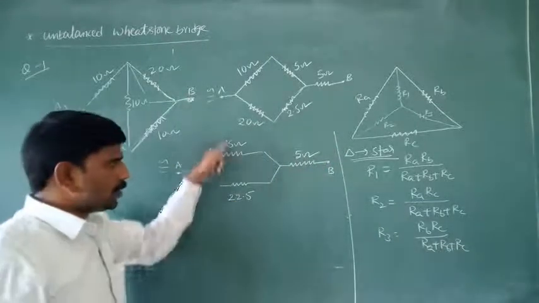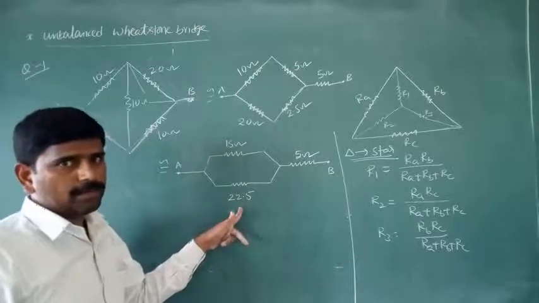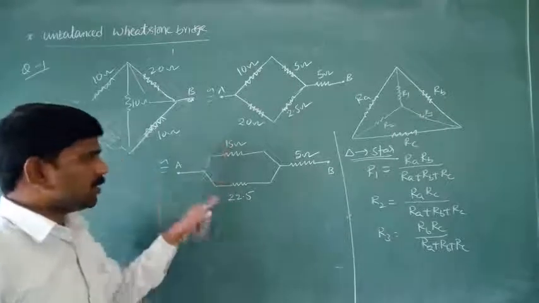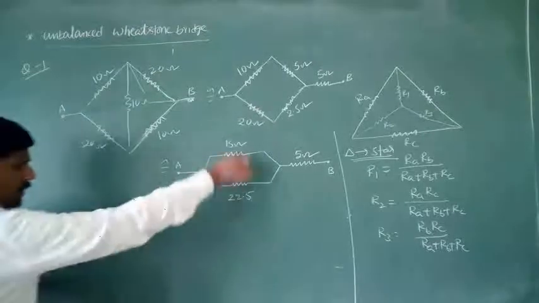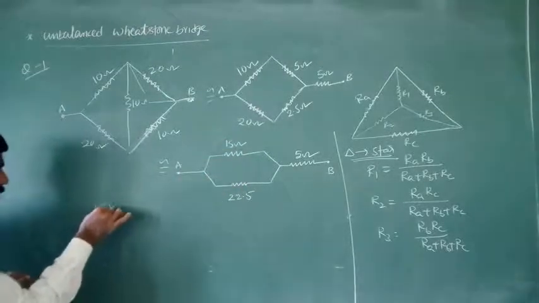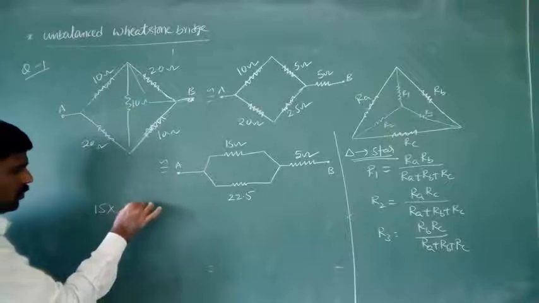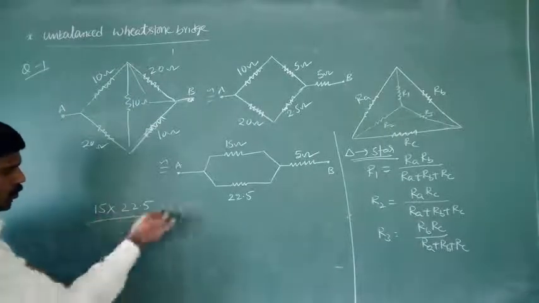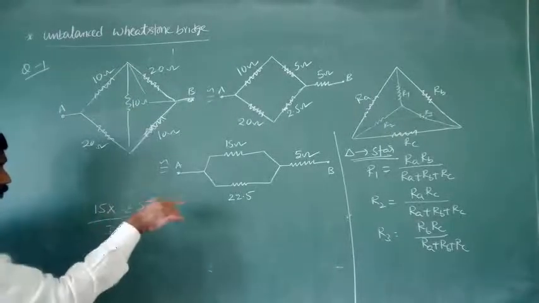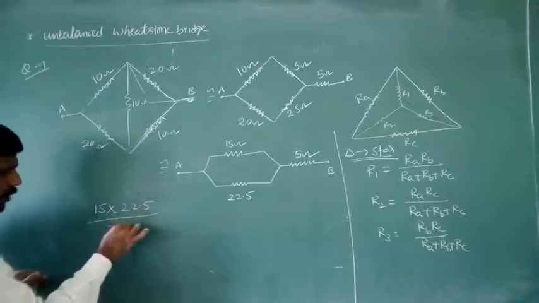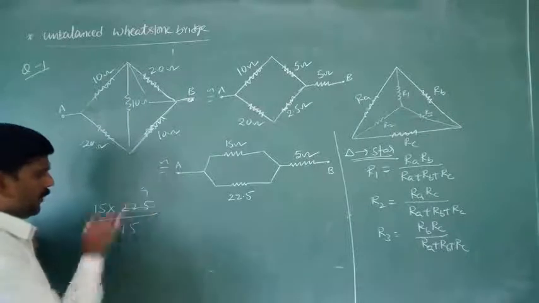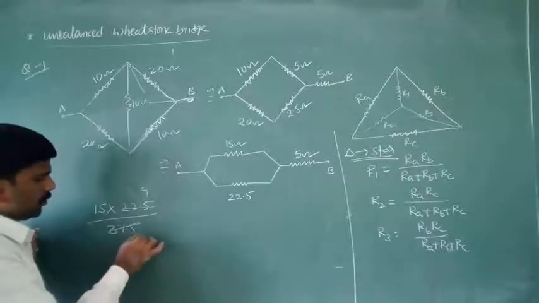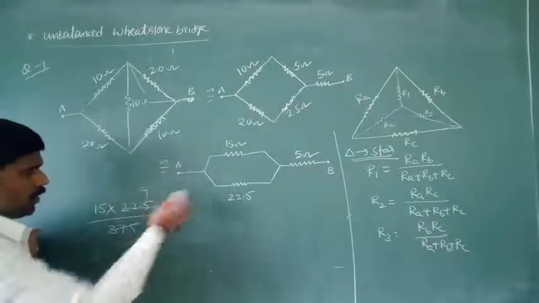Right now these two are connected in a parallel combination. Effective resistance is equal to how much? R1 R2 by R1 plus R2. For this one, effective resistance is equal to 15 into 22.5 by 15 plus 22.5. This one is 9 times and this one is 15 times, these two cancel.